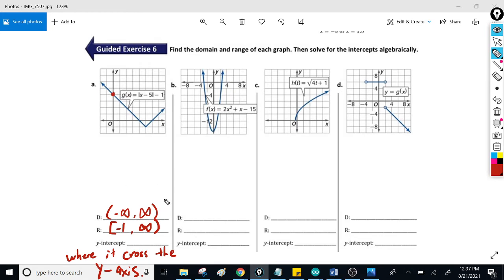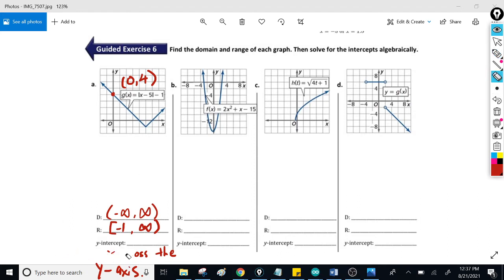If you look at the graph, you can tell exactly where the y-intercept is, right here. And this is going to be (0, 4). So the location of the y-intercept is (0, 4).